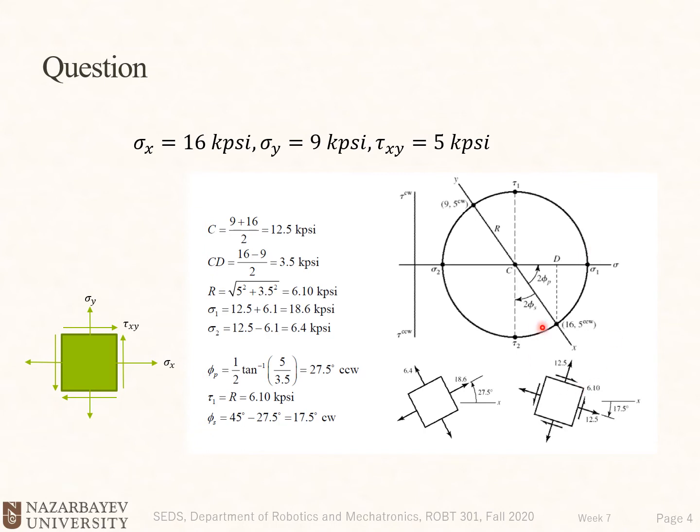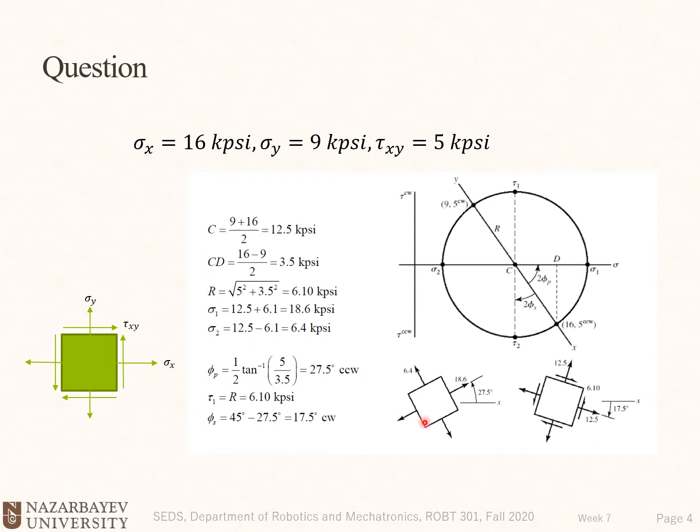Of course, you could also rotate it from this side. You will end up with the same cube, but you should be careful about what is happening exactly. If you are rotating from this side, then sigma y will be equal to sigma 2, but you will end up with exactly the same figure, the same stress element.